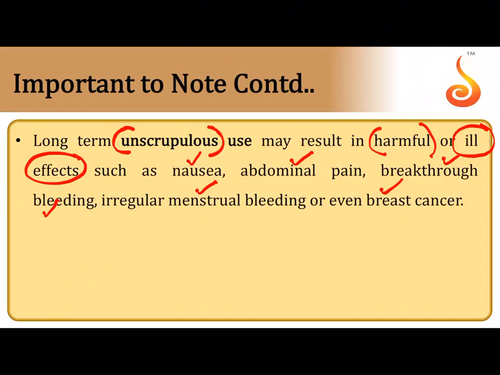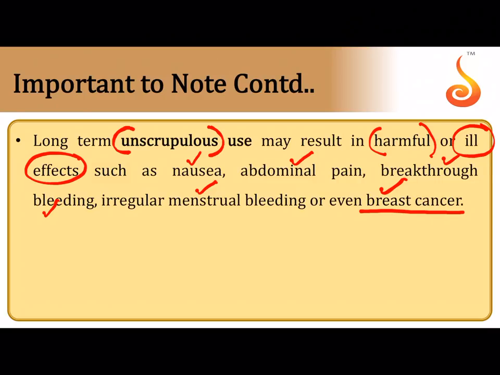Even though very few cases have been reported, something we should not ignore are cases of breast cancer probably associated with chemical and hormonal methods, because you're using synthetic hormones, and hormones have a way of altering the physiology of the body, and they can lead to cancers like breast cancer. Okay, so these are the possible ill effects of using contraceptives unscrupulously or prolonged use of contraceptives.